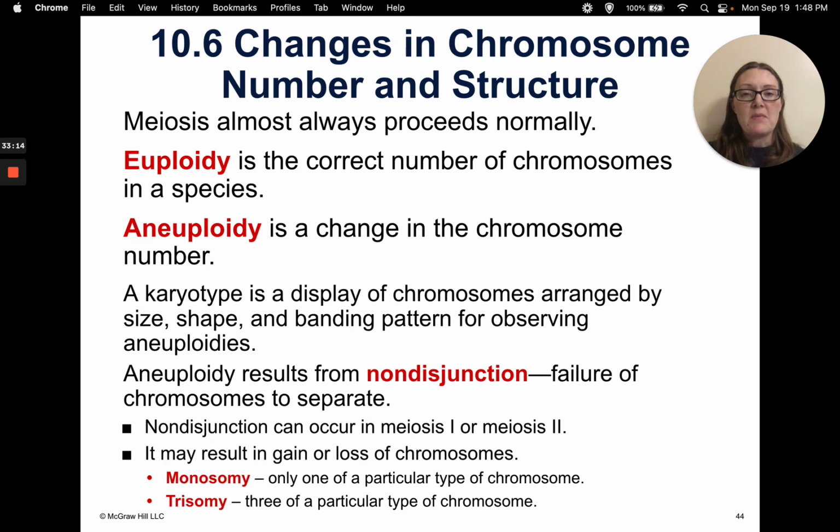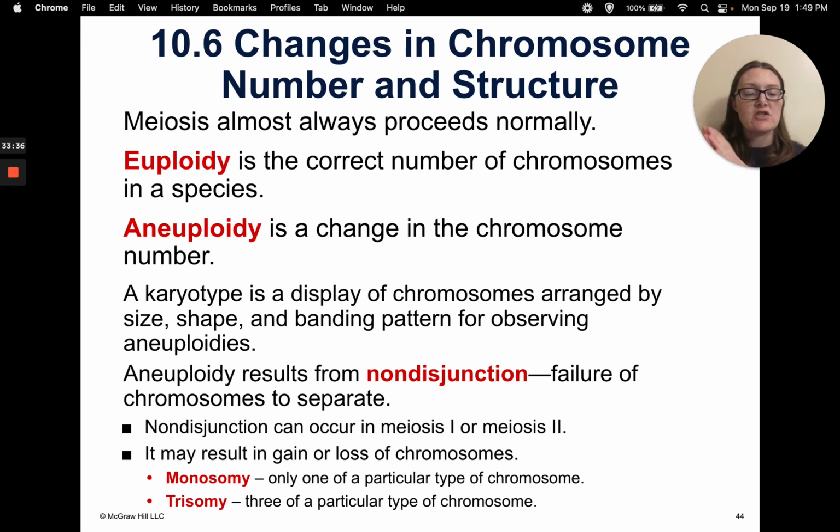So if you think back to when we have independent assortment, where we have the same number of chromosomes on each side in metaphase 1 of meiosis 1, we have the homologous chromosomes paired up. Well, what happens sometimes is that the homologous chromosomes don't go to their separate cells like they're supposed to.